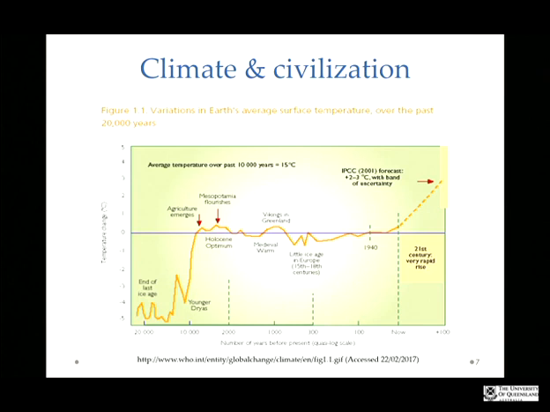Within that there have been lots of variations which have driven massive migrations, massive changes in species distribution, people moving out of Africa a couple of times and settling around the world. But the overall temperature has only varied within maybe 4 or 5 degrees of what we have now, and that's mainly been cooler than what we have now, not warmer.